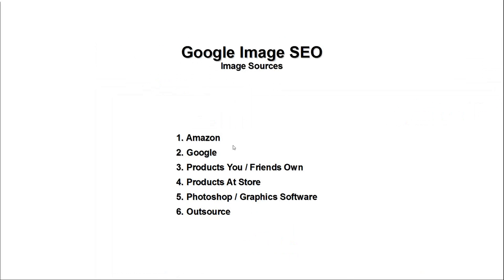So getting images off of Amazon and Google is obviously pretty simple and straightforward. You just go to a website, you download an image. However, the usefulness of those images is really more centered around your visitors than it is for getting more search engine traffic.